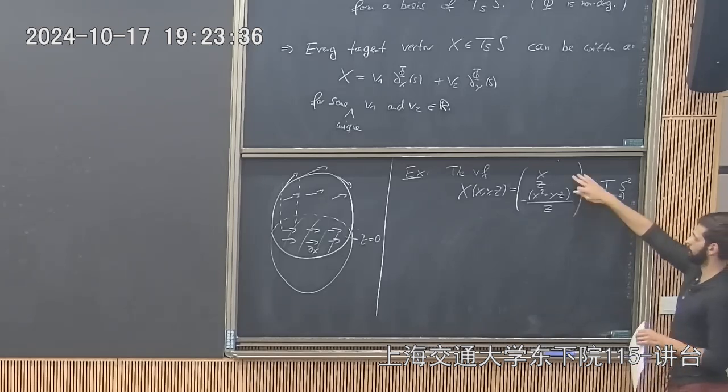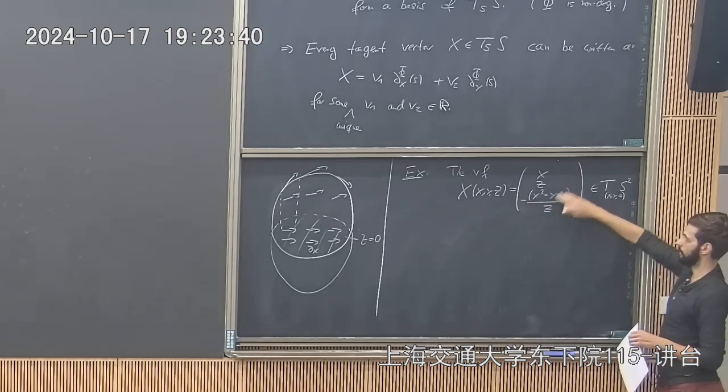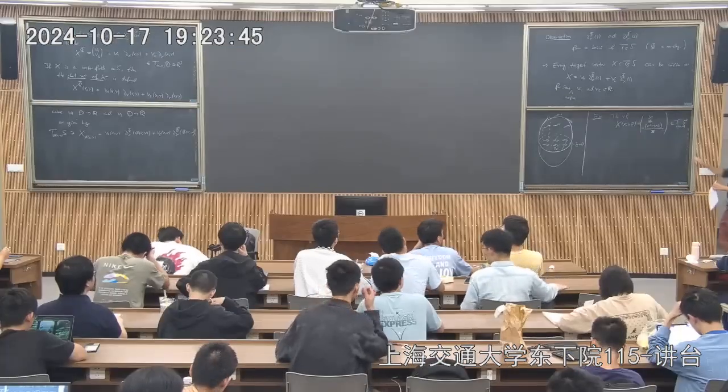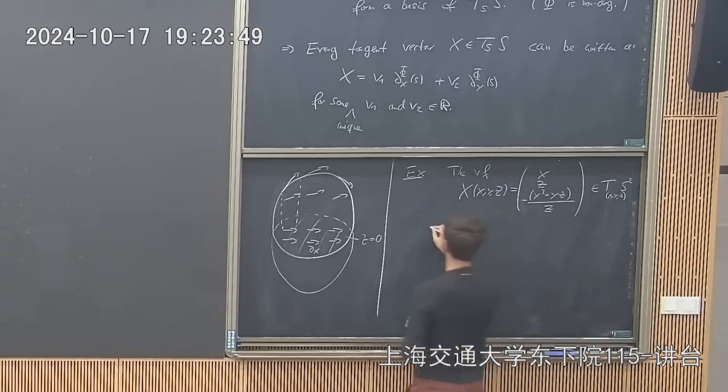You just take the inner product with x, y, and z, and then by construction this last term vanishes again. So that one is a vector field on S^2.